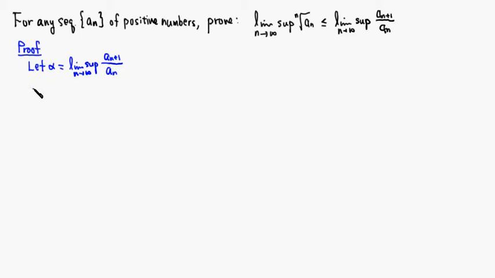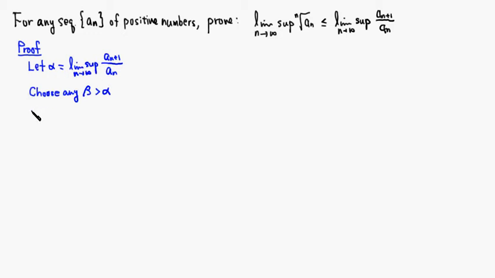Then I'm going to choose any beta which is greater than alpha. So since beta is strictly greater than alpha, we know that the lim sup is equal to alpha.